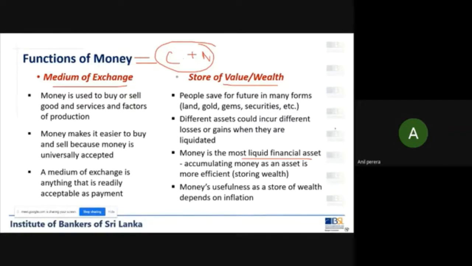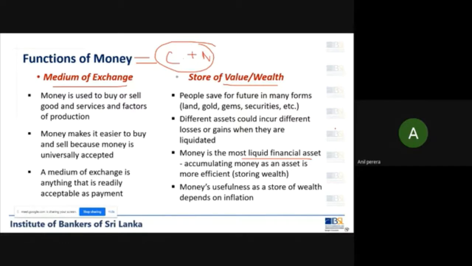But even the value of such money could be eroded over time. That's a possibility. Even though it's most liquid, there's a deficiency or a drawback in money due to one reason. What is that reason? Value of money could be eroded over time.